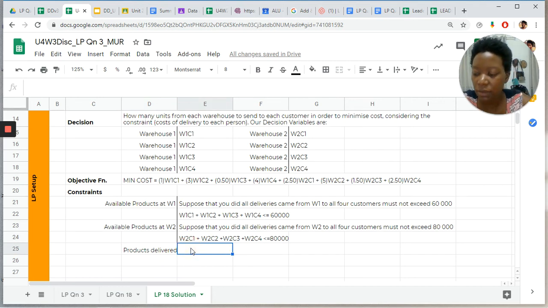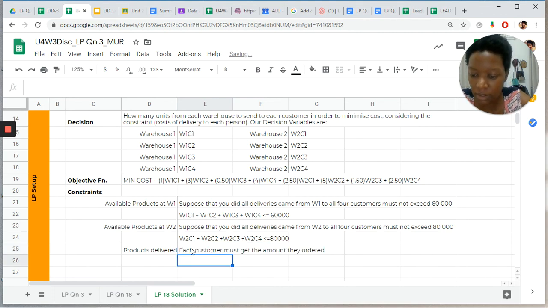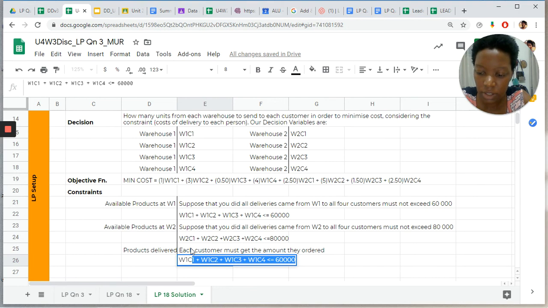Okay, and for my products delivered, each customer must get the amount they ordered. If I send them any less, they're not happy. If I send them more, I'm not happy. So customer 1: warehouse 1, C1 plus warehouse 2, C1.